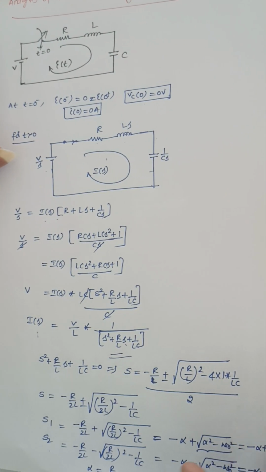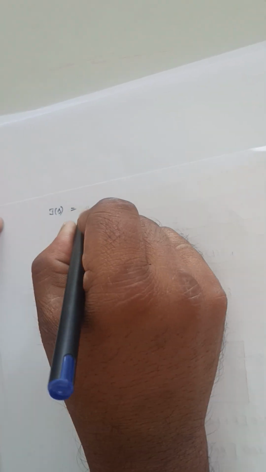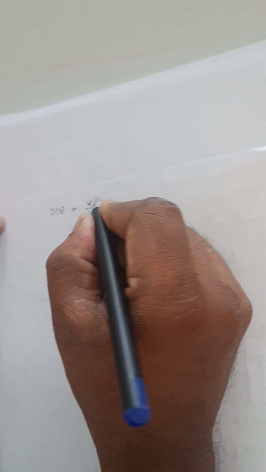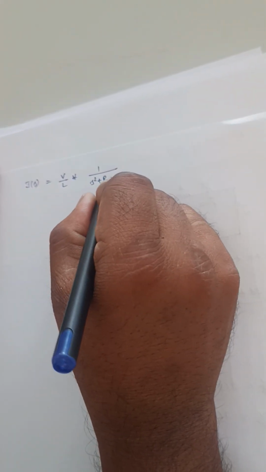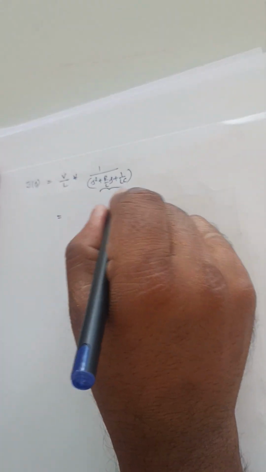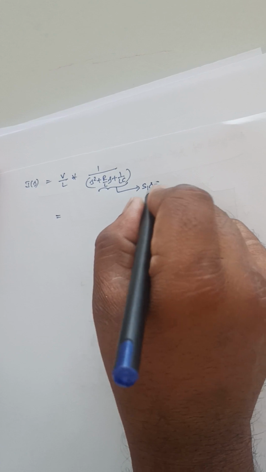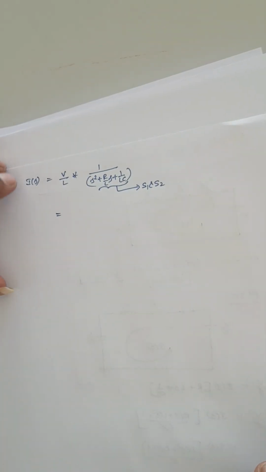Now let us write I of s is equal to V by L into 1 by s square plus R by L into s plus 1 by LC. So it is having the two roots, that is S1 and S2. S1 is equal to minus alpha plus beta, S2 is minus alpha minus beta.